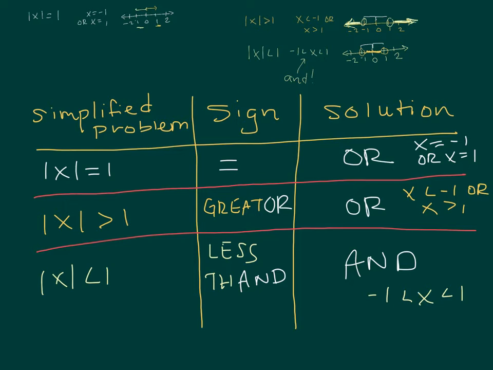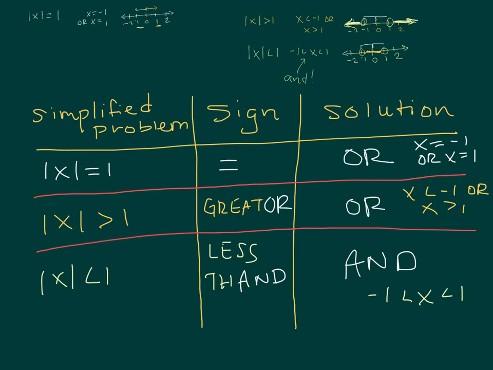Then in this column, I'm going to write out the sign. Here it's an equals, here it's a greater than sign, here it's a less than sign. Now, over here is where I'm going to write my final solution. I first wrote whether it's a disjunction or a conjunction, and then I just copied down the final solution.